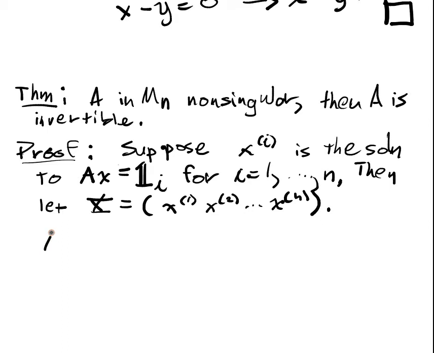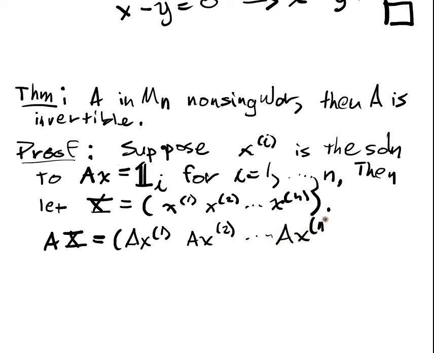And let's check it out. We've got A times X is equal to, well, when we multiply by a matrix, we can just essentially multiply all the columns. So this will just be Ax1 in the first column, Ax2 in the second column, all the way up to Axn in the final column.